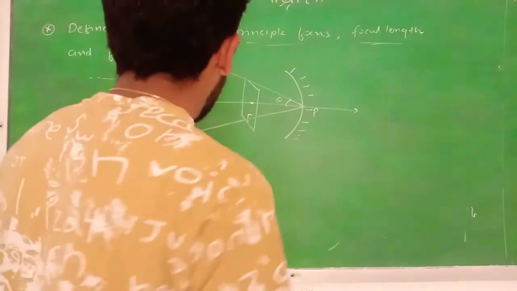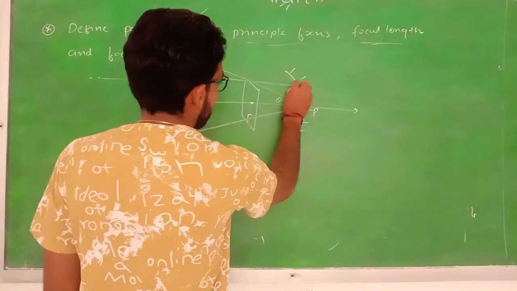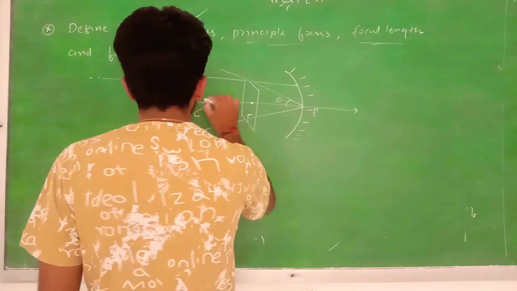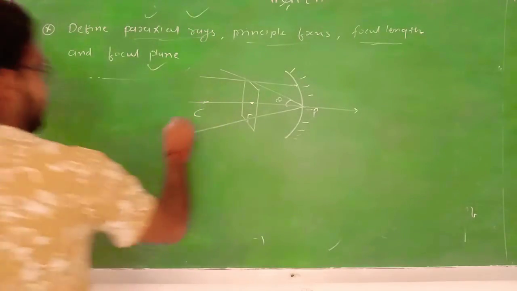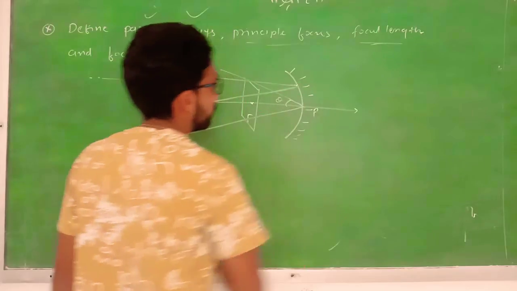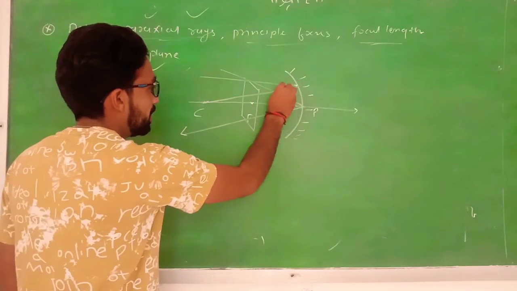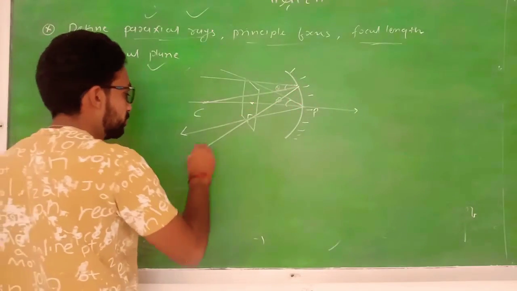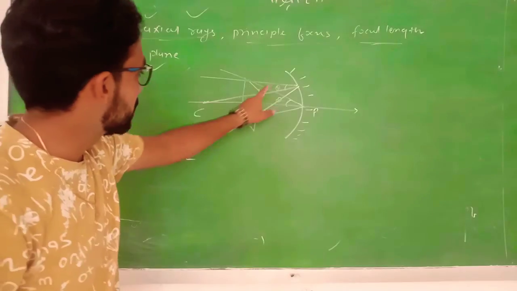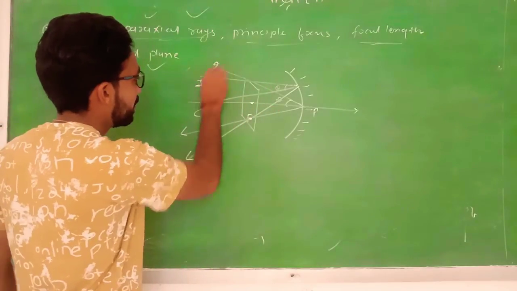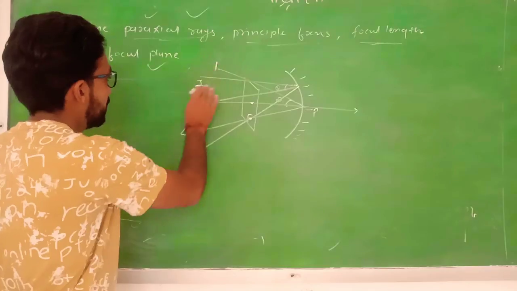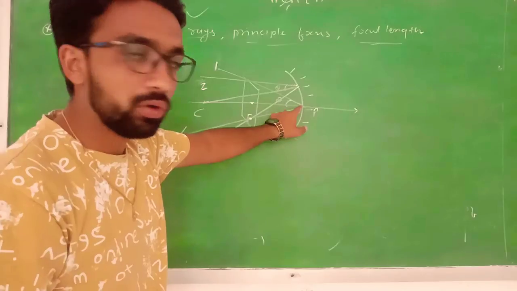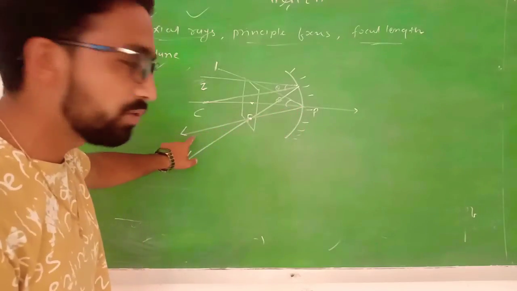Consider one more ray which is incident here, making some incident angle with the normal. You can see this is the normal to this surface, making some angle theta. After the reflection, this ray also passes through this plane. So these two rays, this is the first and this is the second. The ray incident at the pole reflects in this way.